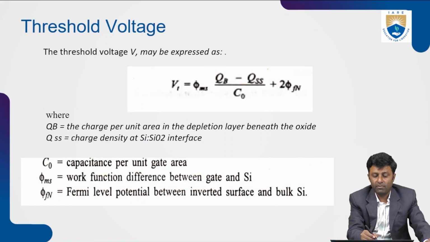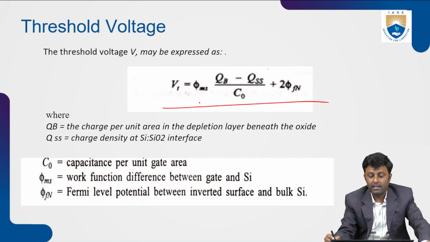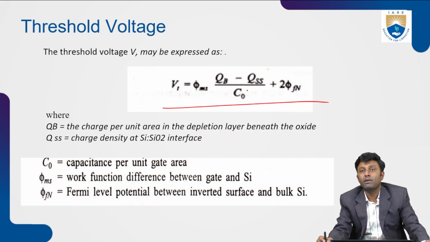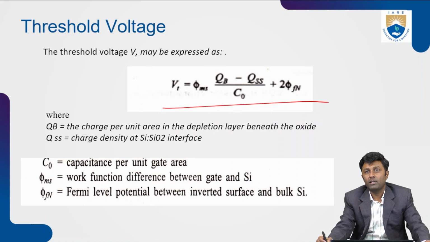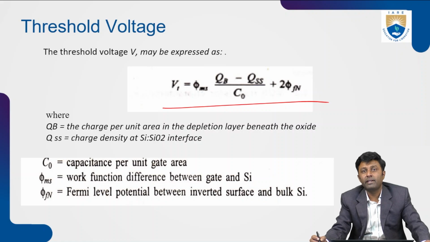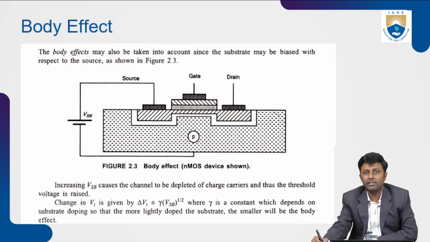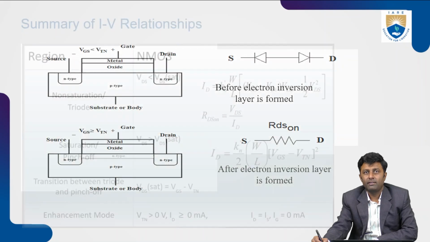This is the equation for the threshold voltage: VT equals psi MS minus QB minus QSS divided by C naught plus 2 psi Fn, where C naught is the capacitance per unit gate area, psi MS is the work function difference between the gate and the silicon, and psi Fn is the Fermi level potential between the inverted surface and the bulk silicon. We will see the derivation in the coming class.